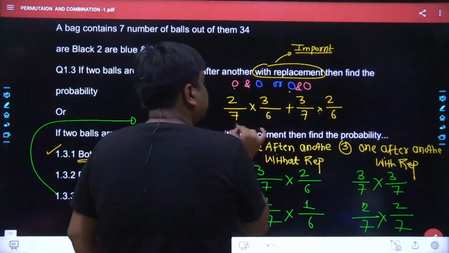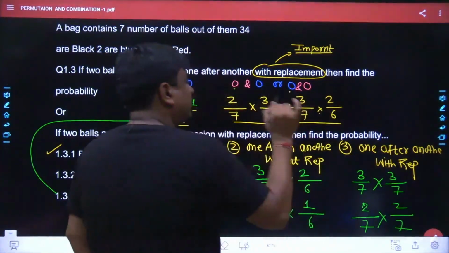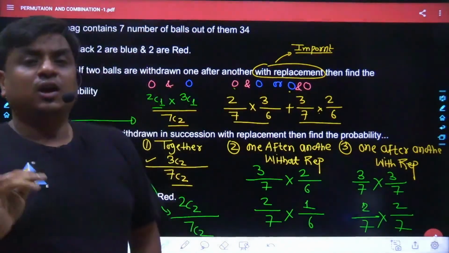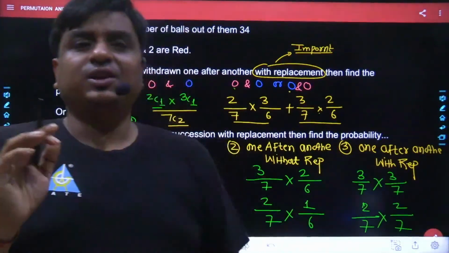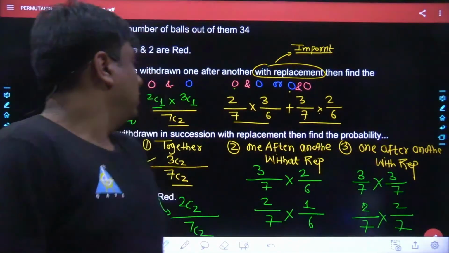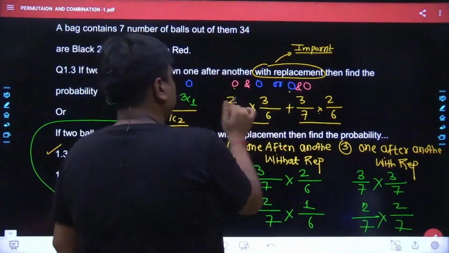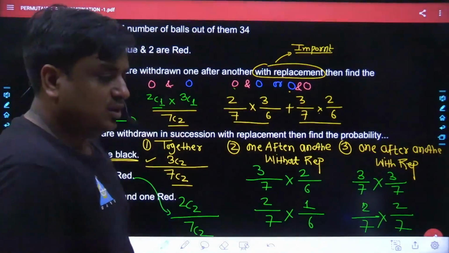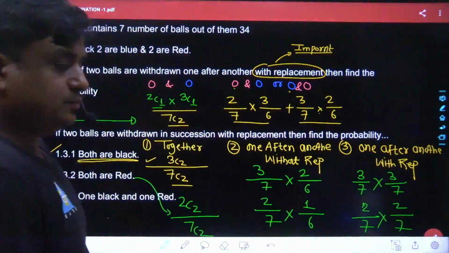Put together, this value and this value are always going to be the same. Whenever you have a problem related to without replacement, the first data and the second data always lead to the same value. So rather than calculating this value, you could have just multiplied this data by 2 and got the answer as well.